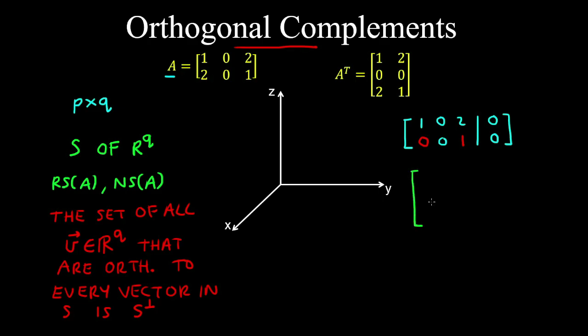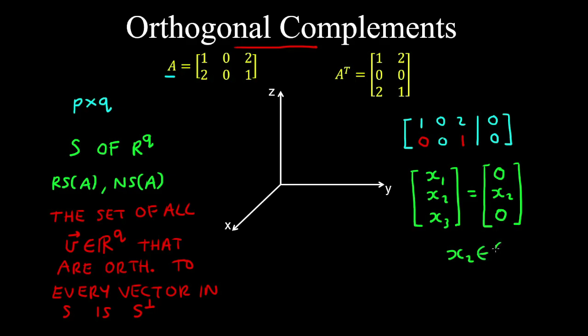So therefore the solution tuple is x1, x2, x3. So in this case x3 is 0, and x1 minus 2x3 is 0, so that means x1 is also 0, and x2 can take on any value to satisfy those two equations. So x2 is a real number in the open interval from minus infinity to infinity.